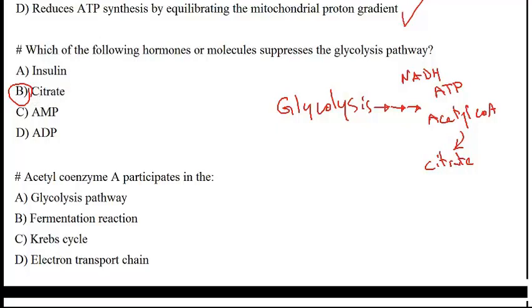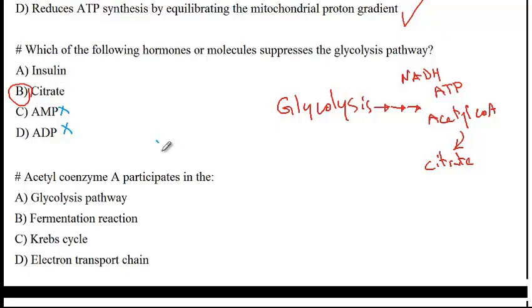Now let's see why the other choices are incorrect. Well, if the concentration of adenosine monophosphate or adenosine diphosphate is increased, it means we don't have enough energy. So we want to enhance glycolysis in order to increase ATP production. So there we go. These two are incorrect. How about insulin?